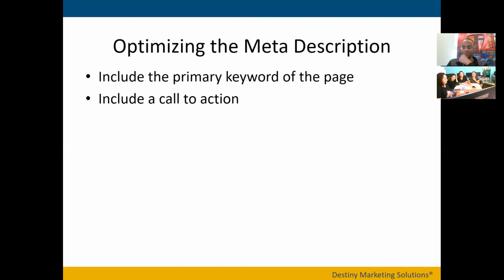Very good. Click here would be an example. Read more, learn more, visit our website, visit us, call us. All examples of calls to action. You want to keep the meta description under 156 characters, and again, this ensures that your meta description isn't cut off in the search results.